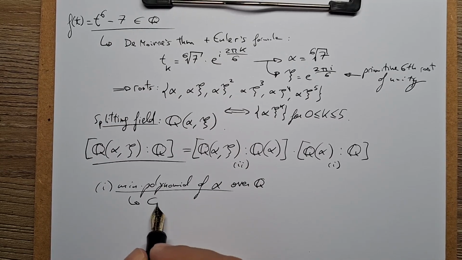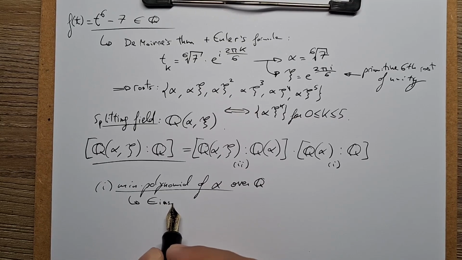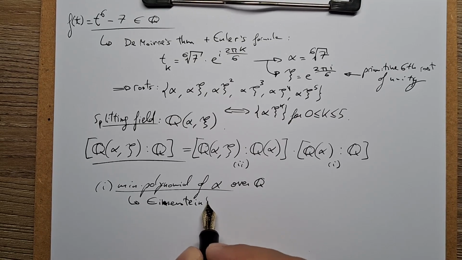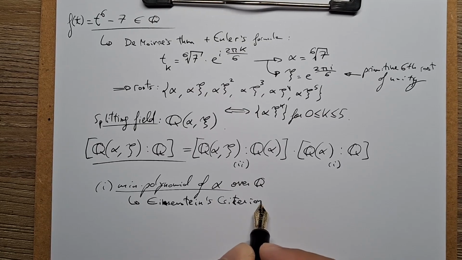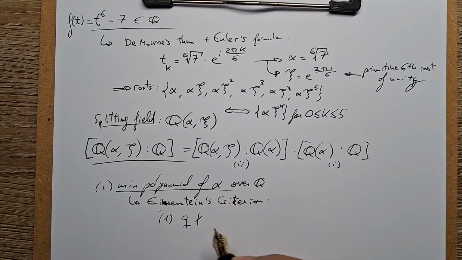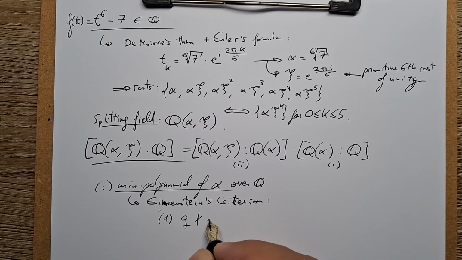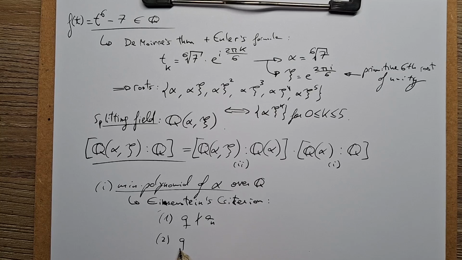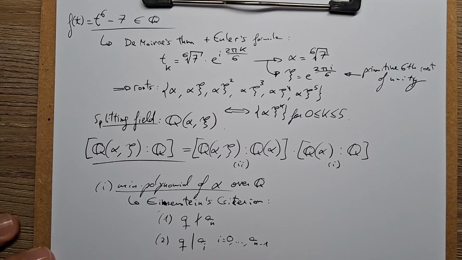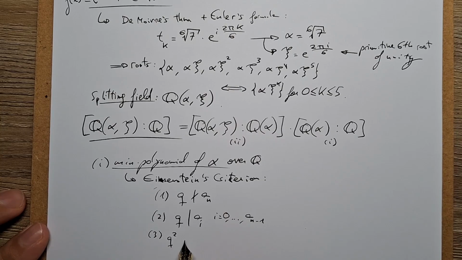To do so, we are going to use the Eisenstein criterion, which says that first we need to find some prime q such that in the first case it does not divide a sub n, then it does divide a sub i from 0 to a sub n minus 1, and then third condition, the square of this q should not divide a sub 0.